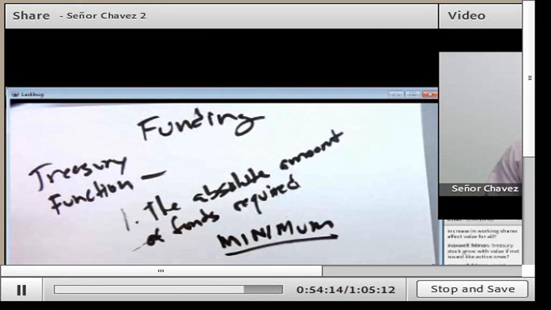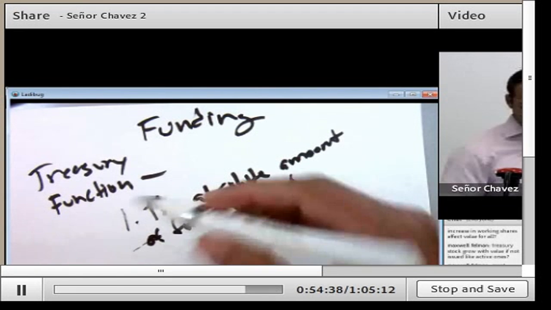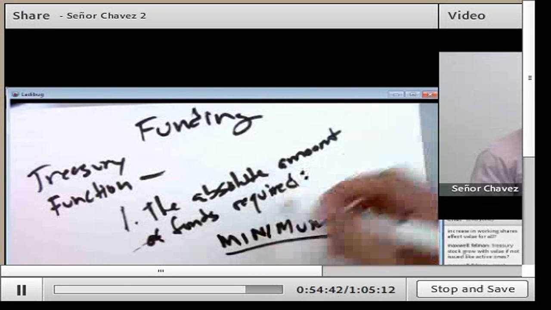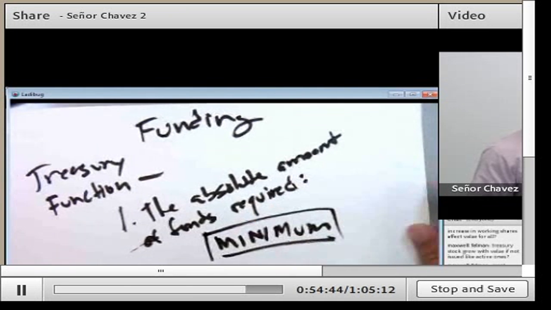Now, anything above and beyond that, we're going to be able to grow exponentially and even faster. So the maximum amount I'm going to take is going to be $2.5 million. But $1 million gets me there. 2.5 gets me there a lot faster. So I need to know the absolute amount of funds required, but I need to know the minimum.